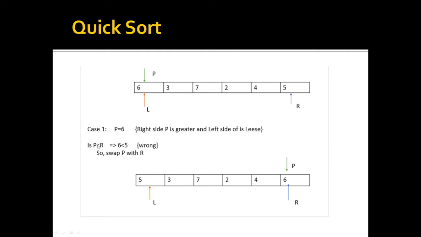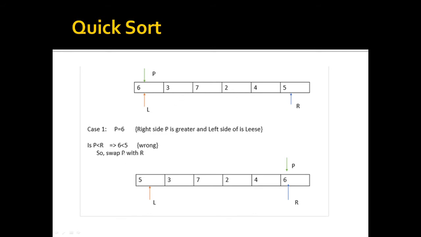P should be lesser than R. If we compare this with this, it is wrong, because to the right of P should always be higher than P. But here in this case, 6 is not lesser than 5, so it is wrong.